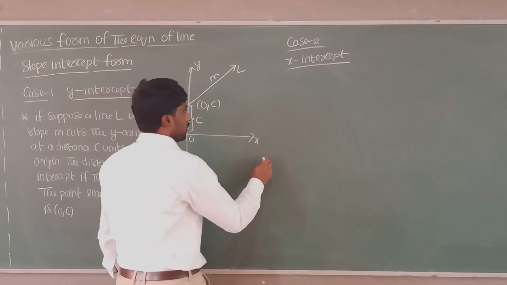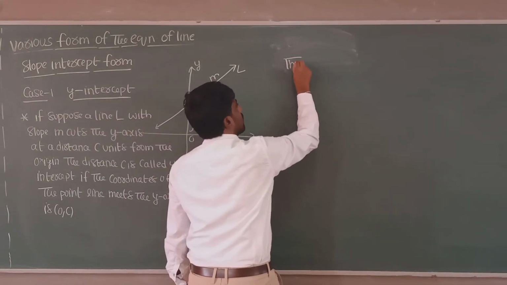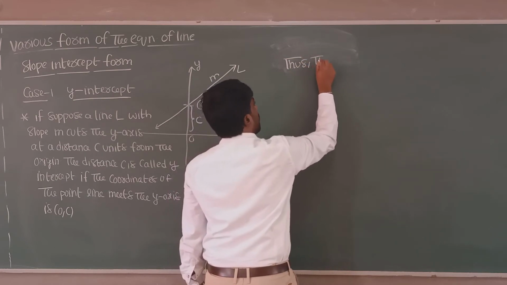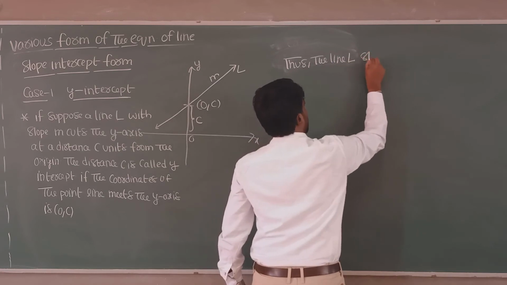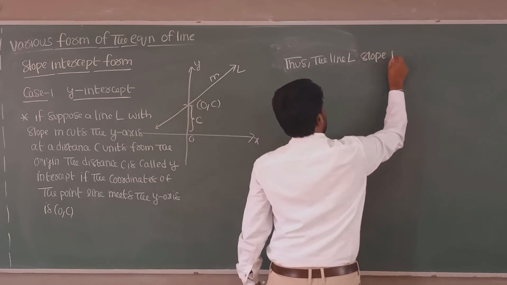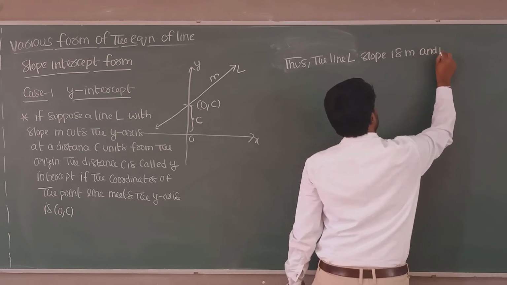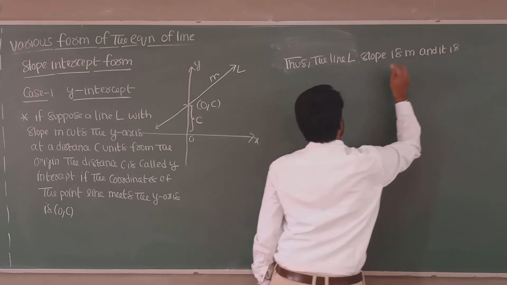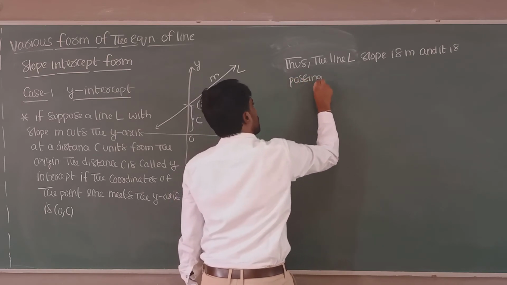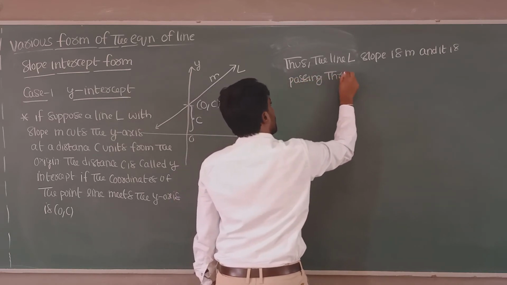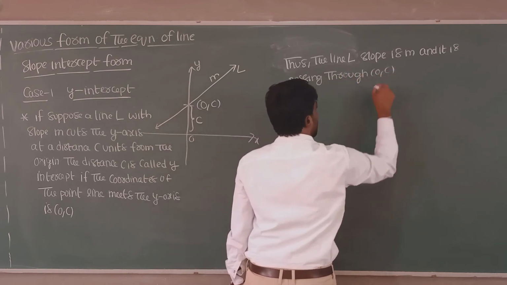So the line L has slope m and is passing through (0, c).